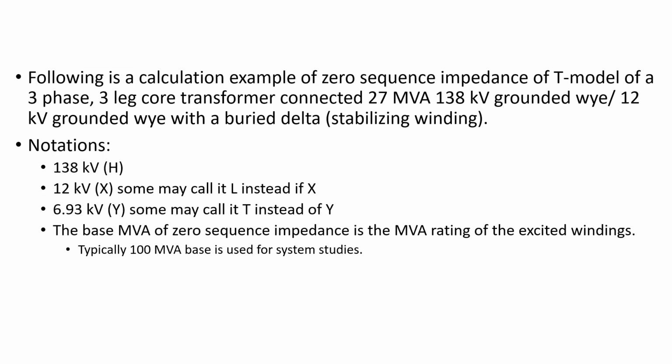It's called buried because the leads of the windings are not brought out. So this delta is not serving load or anything. It's just there for third harmonic suppression, and also for handling zero sequence currents.